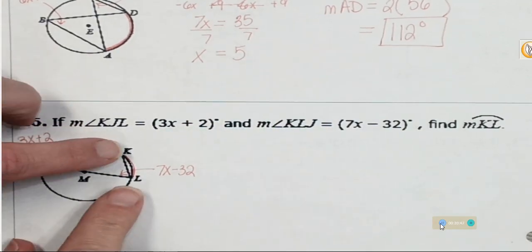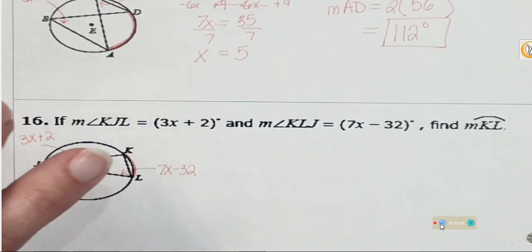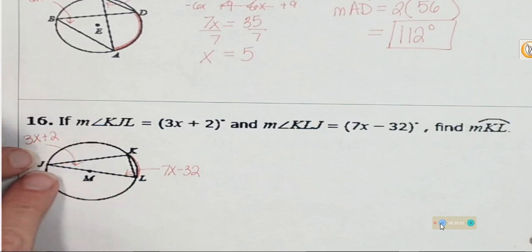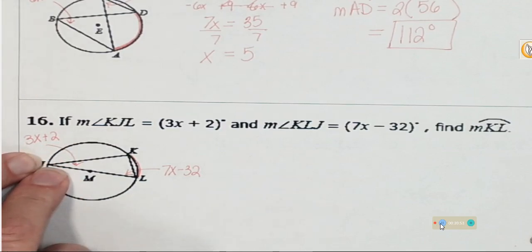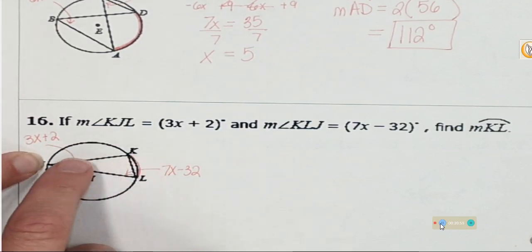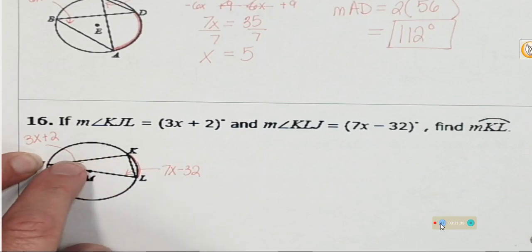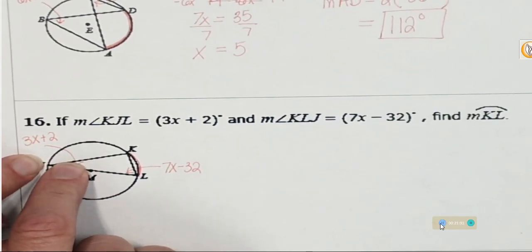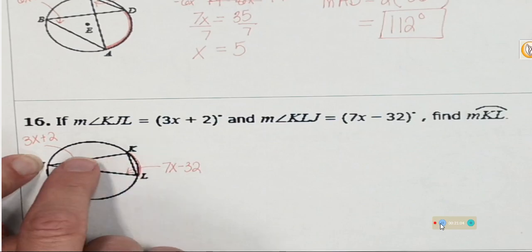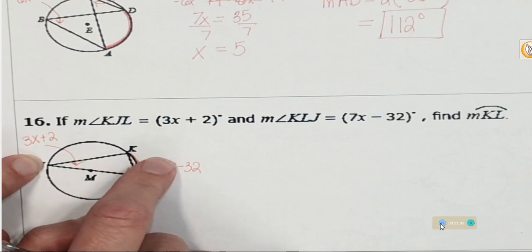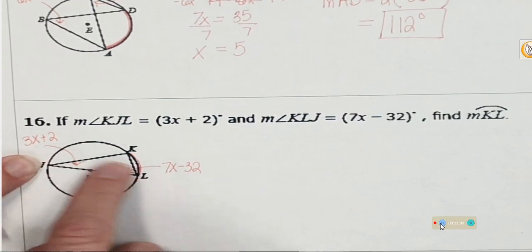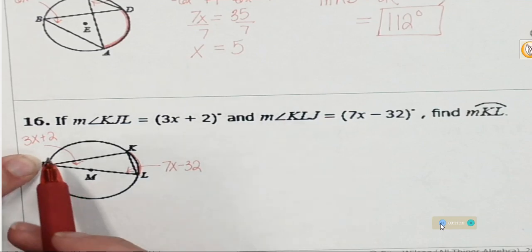Now, KL has an inscribed angle at J. What's the relationship between the arc and the angle? The arc is twice the angle. Or, work it backwards. The arc is 2 times the angle. But before I can do that, I've got to get x.